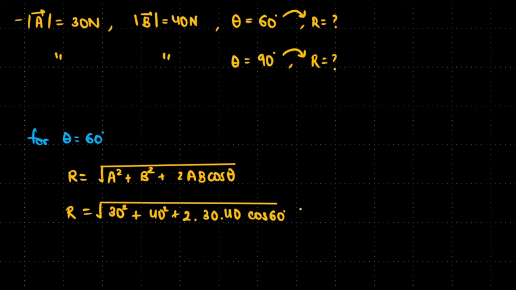The square root of 30 squared plus 40 squared plus 2 times 30 times 40 times cos 60 degrees gives 10 square root 37, which is approximately 61 newtons. This is the magnitude for the first case.